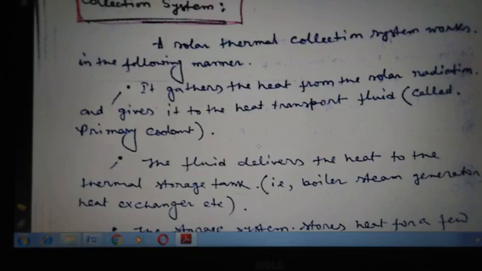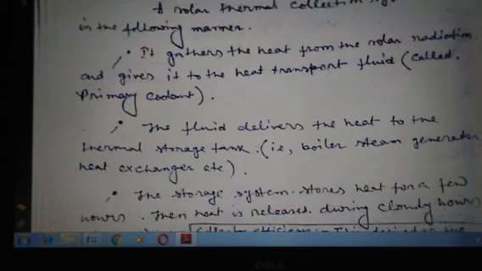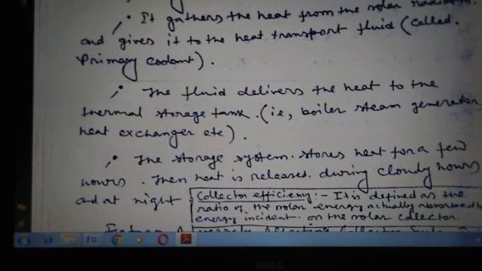Next point, the fluid delivers the heat to the thermal storage tank, that is boiler, steam generator, heat exchanger, etc. Next point, the storage system stores heat for a few hours, and the heat is released during cloudy hours and at nights.